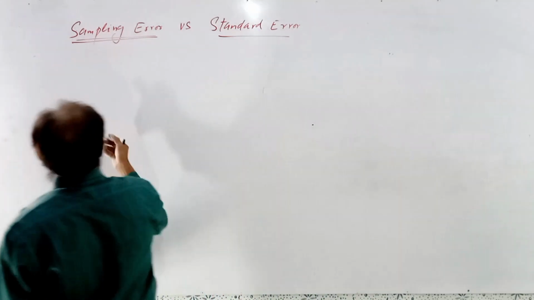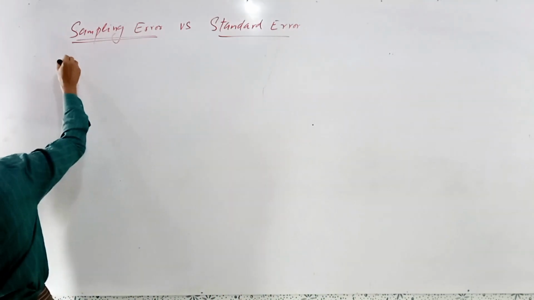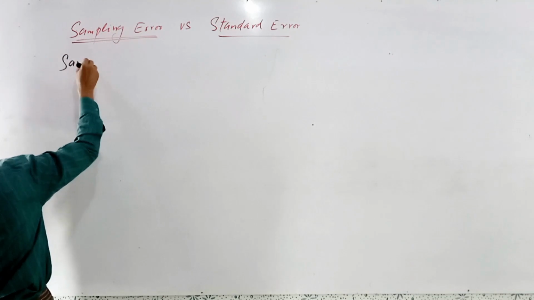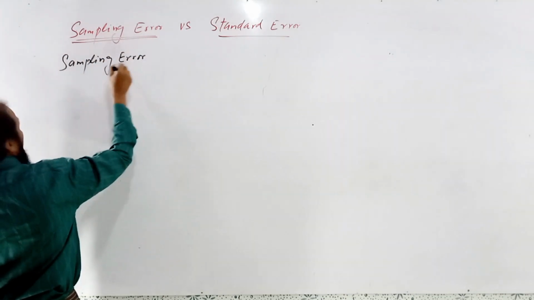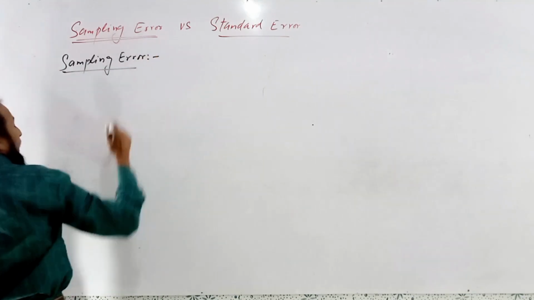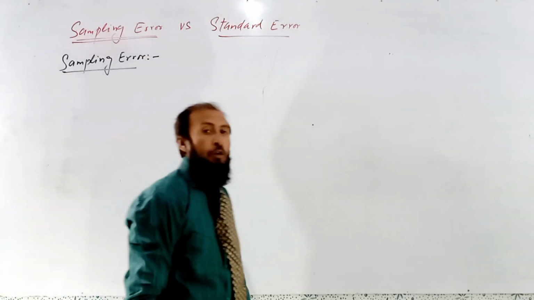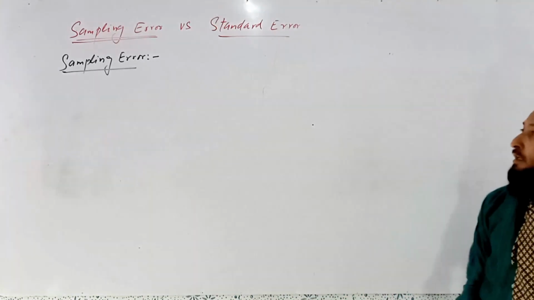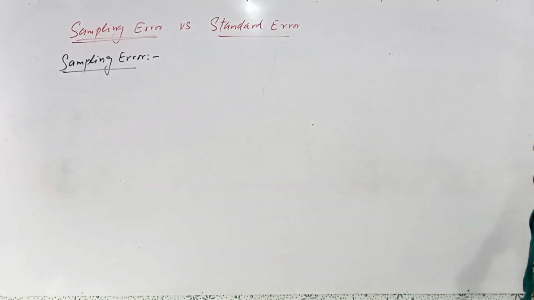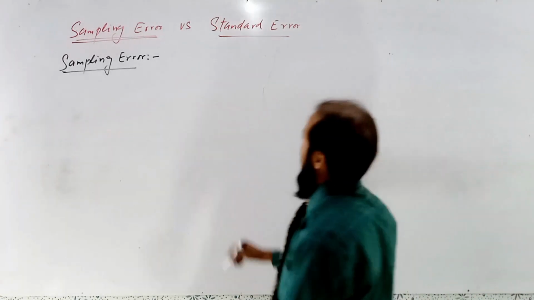So, what is sampling error? Sampling error is the difference between a statistic and its parameter. Now we write the definition.